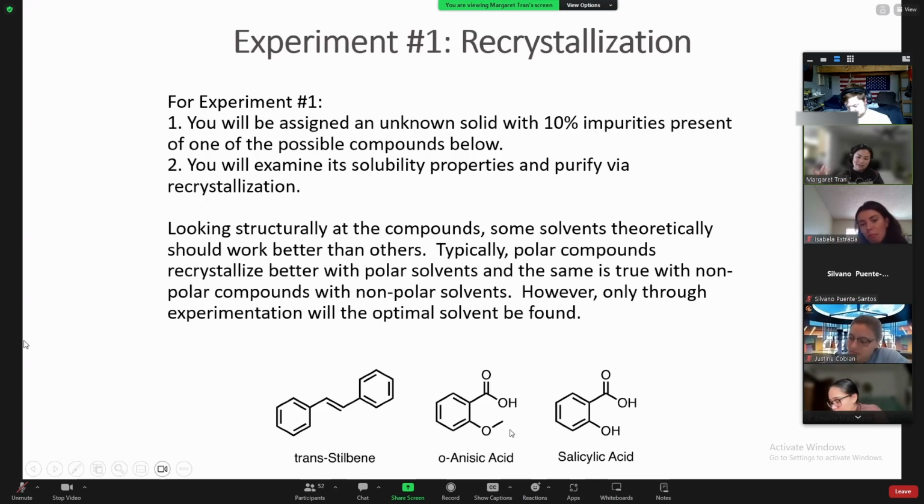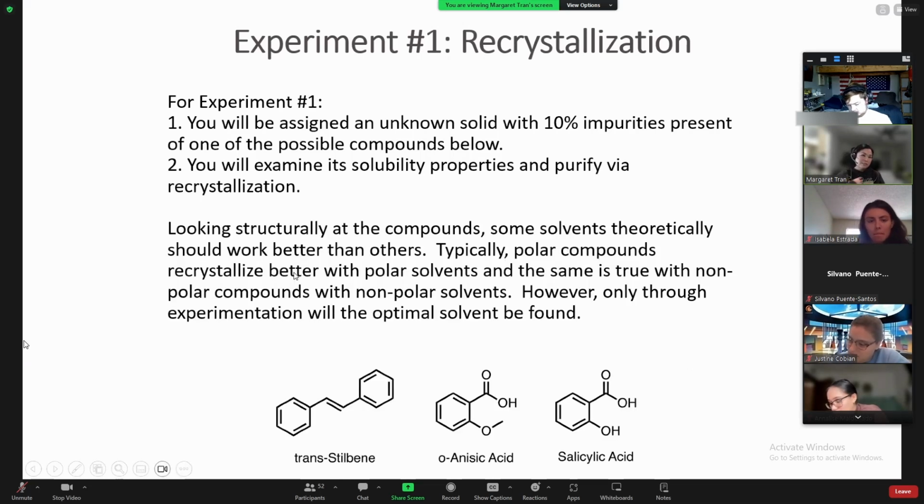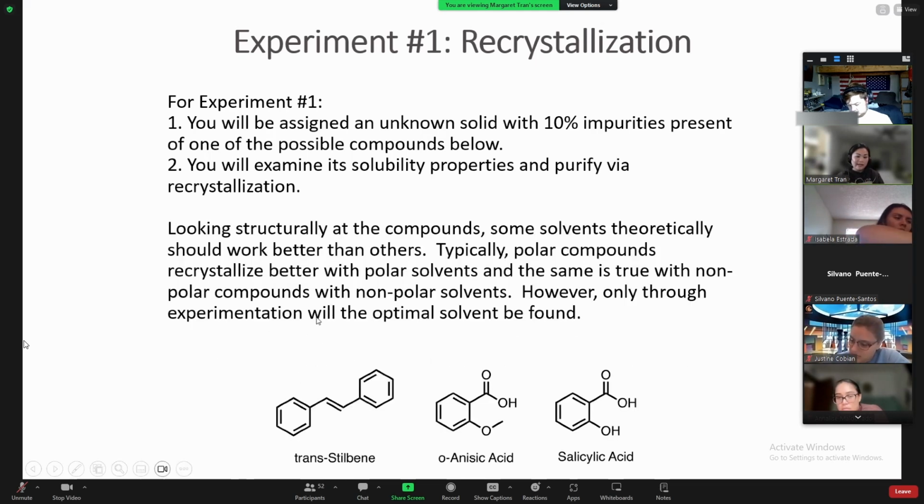Oh, that's great. Awesome. So if you were to say something like toluene, right? I would not mark it wrong personally, because if you say this has an aromatic ring and this one has an aromatic ring, they have somewhat similar polarities. You don't want it to be too polar, so that it dissolves at room temperature. So that might actually be a good contender as well, right?